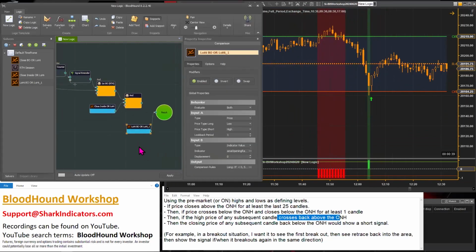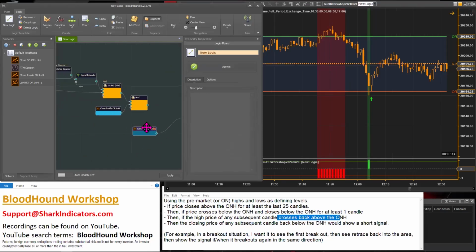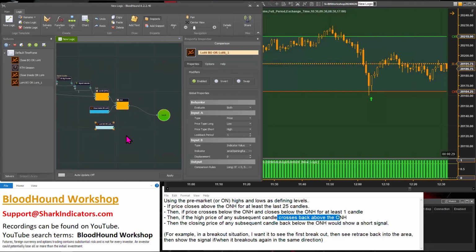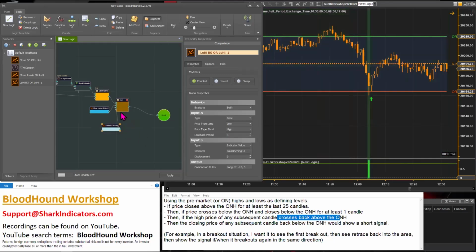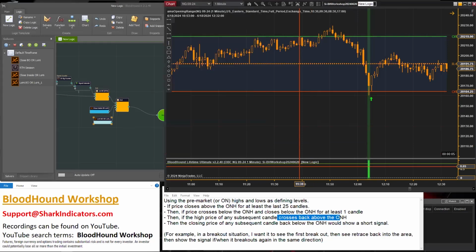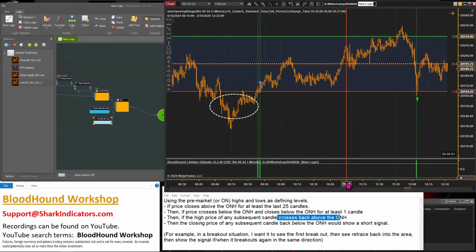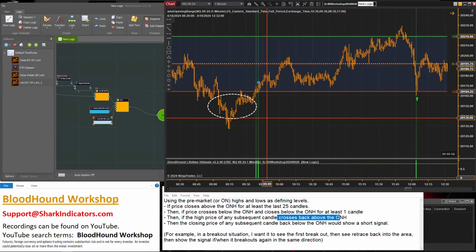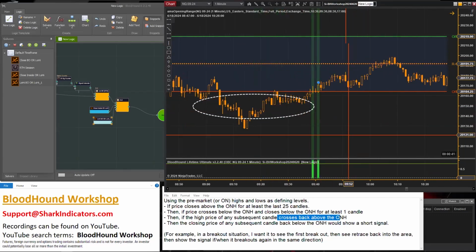Let's see here. Now, if I connect this into the AND node, actually, all right. I was thinking I was going to need a look back node here, but actually that works. So that's exactly what we're looking for. Let's analyze this for a sec.